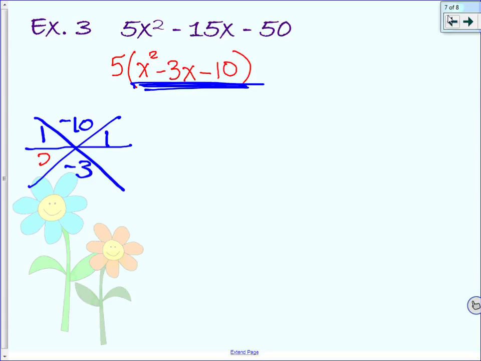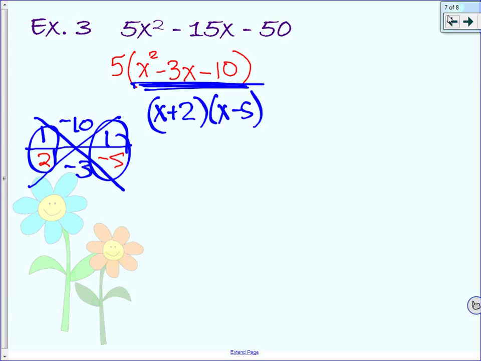So 2 times negative 5 is negative 10, and you add them up, and you get negative 3. Right? And then, if I set up my factors, that is 1x plus 2 and 1x minus 5. All right. And then you can either just bring down that 5, or you can rewrite the whole thing.